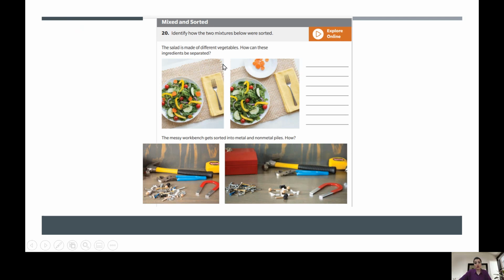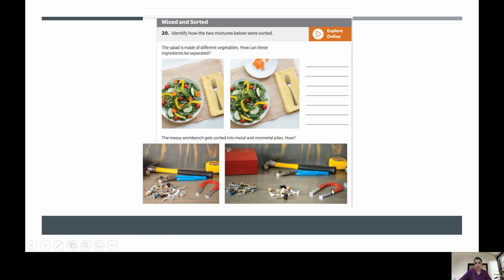For example, if I want to separate the ingredients of this salad, I can remove the carrots from my salad, so that my salad, which is still a mixture, does not have carrots inside it. Another way I can separate a mixture is by using magnets. I can use a magnet to separate metals from this bunch of things.